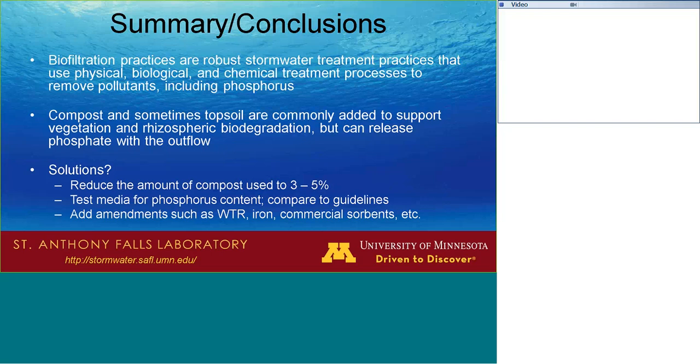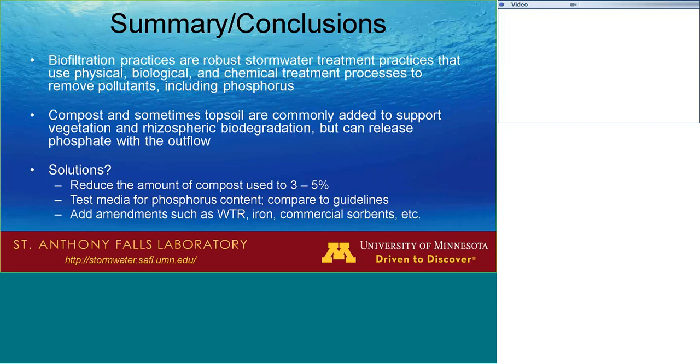So some of the things we can do is reduce the amount of compost we put into these systems. Commonly, we see 10% or even 30% compost in the mixes, and I really recommend getting down to 3 or even 5% compost if we can, to just really establish the vegetation and get that system started on the right foot, and that'll minimize the potential for release in the long term.